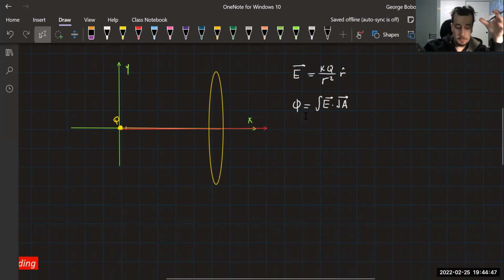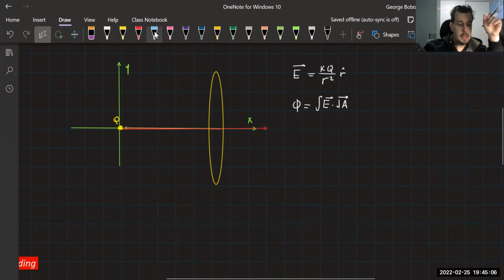That's a mouthful, but it means I'm looking for a building block that will have a constant electric field through it. I mean not only the direction, but also the value of the electric field is going to be the same.